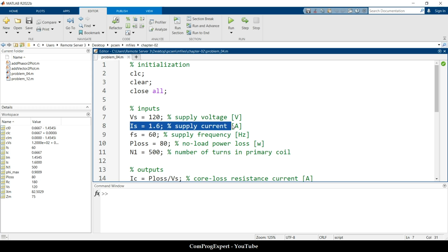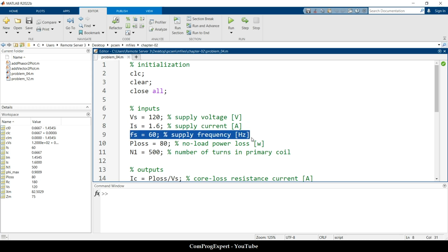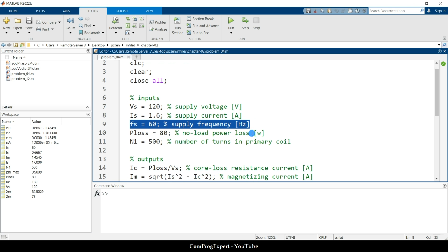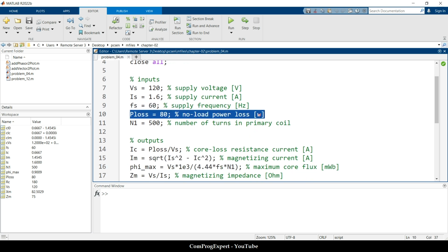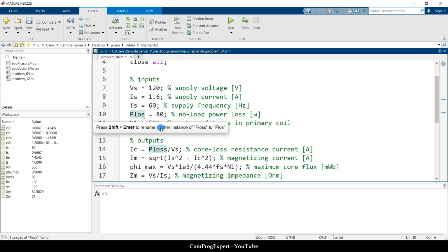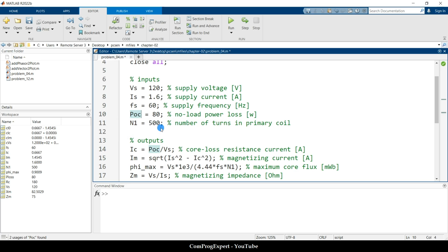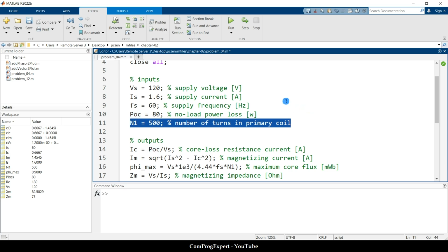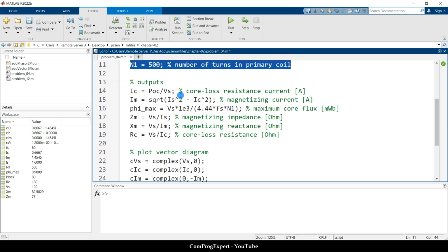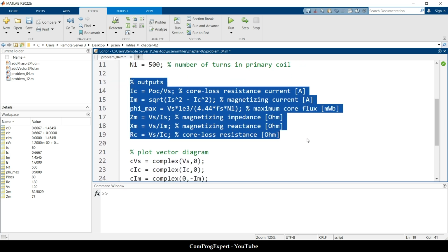This is the supply current, 1.6, the frequency of the supply, and the open circuit loss. Let me rename this to open circuit, no load power loss, and this is the number of turns in the primary coil. Here are the calculations.